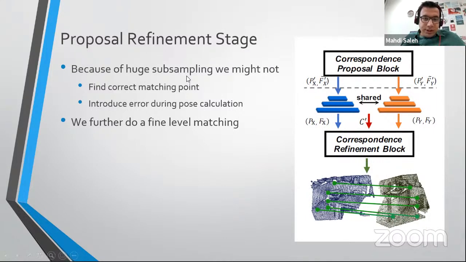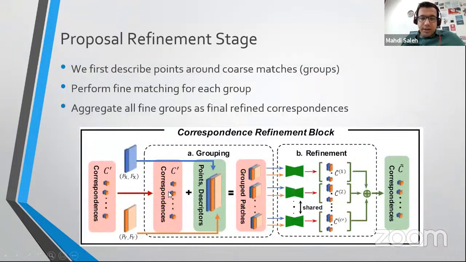In order to circumvent this problem, we do a fine level matching as well, where we take the initial correspondences that we found, look at their neighborhood, and give these groups to a network to describe each patch.